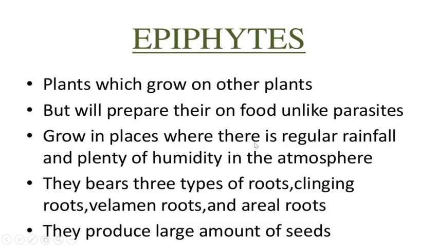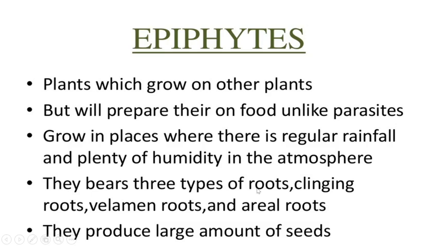They grow in places where there is regular rainfall. Where rainfall is very high, in that region you will get a large number of epiphytes. They also require plenty of humidity in the atmosphere. Regular rainfall and humidity are requirements of epiphytic plants.